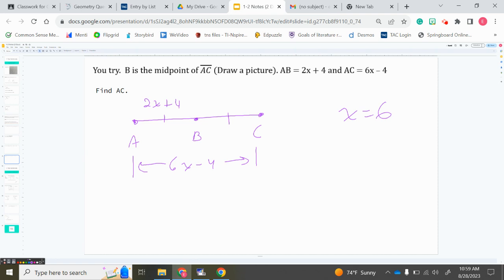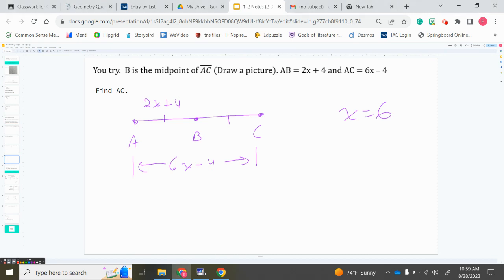But am I done with this problem? No, right? What does it want me to solve for? Well, we already did x. What's it asking us to solve for? AC, right? We need to solve for AC. That means they want us to solve for the whole thing.